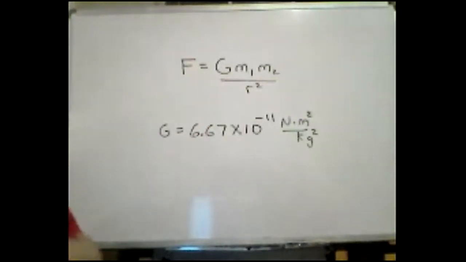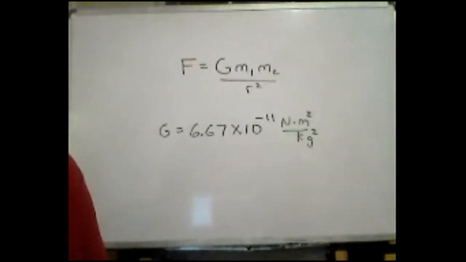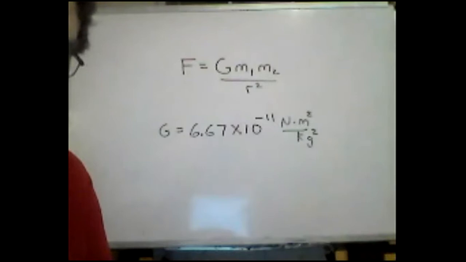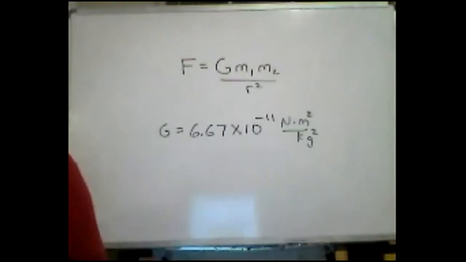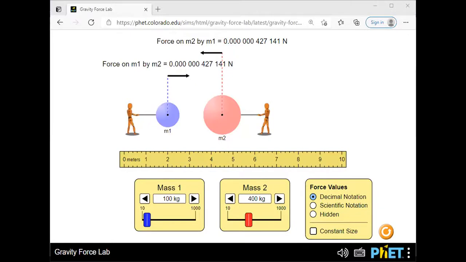All right. Let's look at number 2. I'll share my screen again. Now I'm again on the very bottom of page 5. What does number 2 say? What happens to the force between the objects when mass 1 increases? Well, I'm going to increase mass 1. It's 100 grams now.